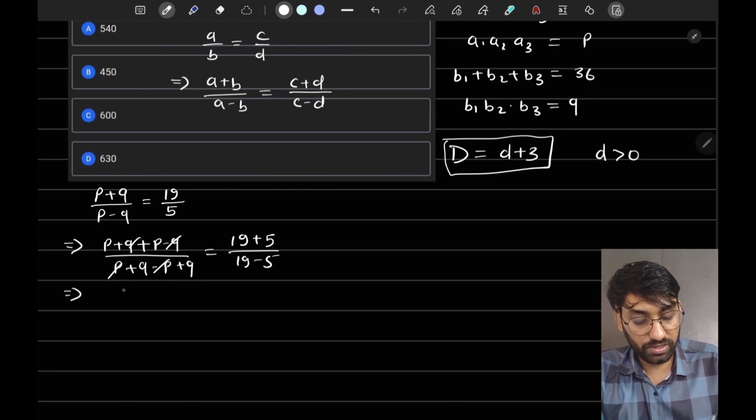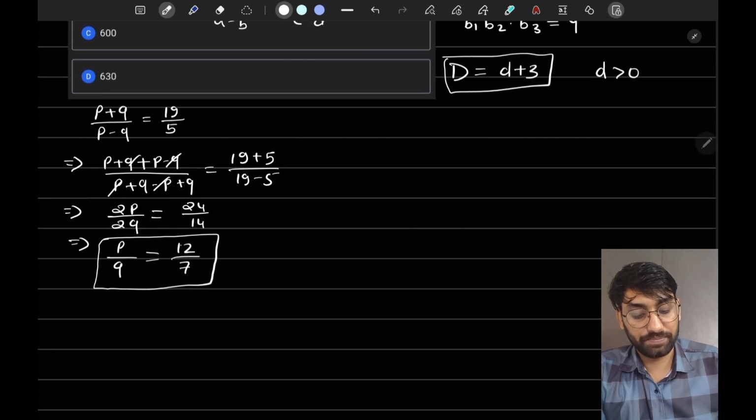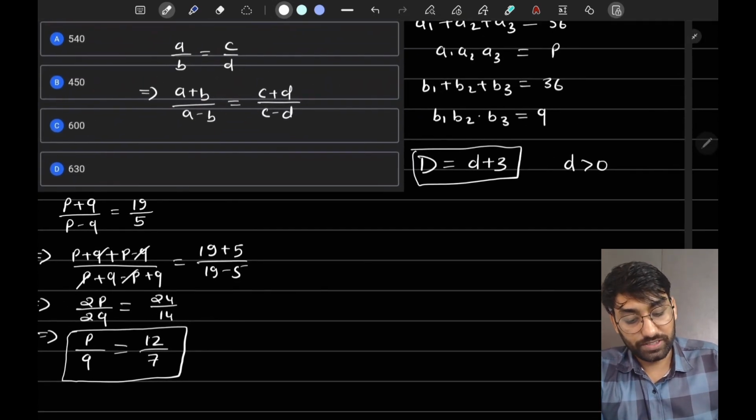So it is nothing but 2P upon 2Q is 24 by 14. So P by Q equal to 12 by 7. Correct? So P by Q value I am having as 12 by 7. Okay, now let's see further.